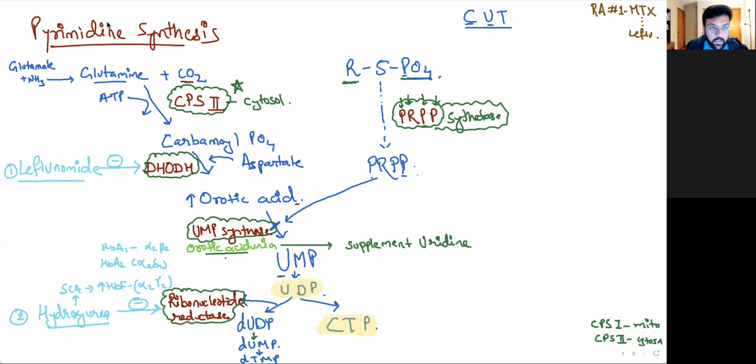So look at this pyrimidine synthesis. We wanted to make pyrimidine, right? So we made our first pyrimidine nucleotide, uridine diphosphate. Then we made cytidine triphosphate. Then we also made deoxythymidine monophosphate. Uridine is only going to be present in RNA.